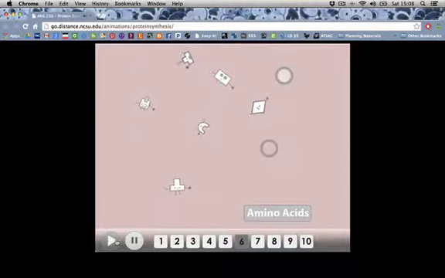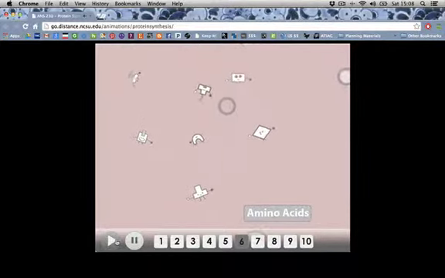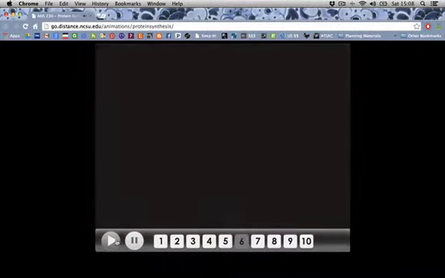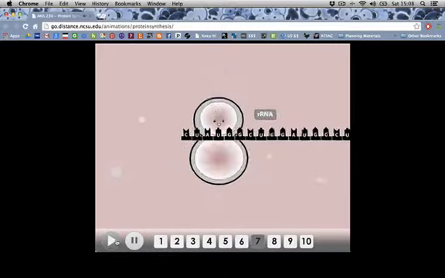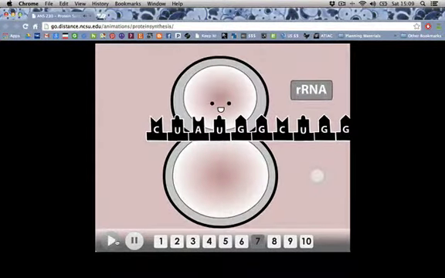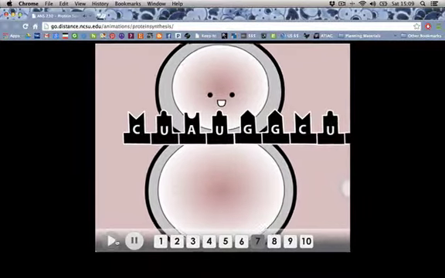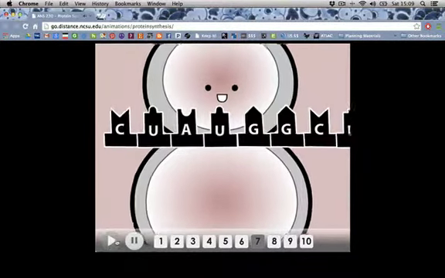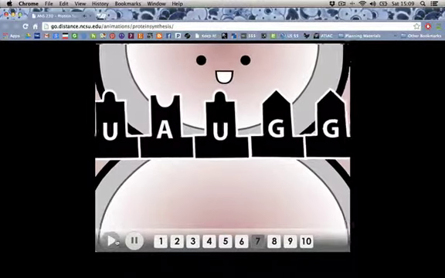Some of these amino acids are from proteins previously digested, absorbed from the gastrointestinal tract, and transported to cells. Ribosomal RNA, or rRNA, binds to the mRNA and aligns it to begin a process called translation. During translation, the rRNA moves along the mRNA in segments of 3 nucleotides at a time.